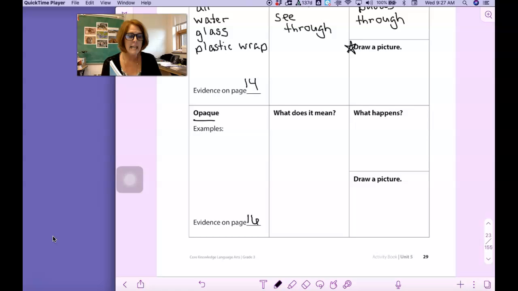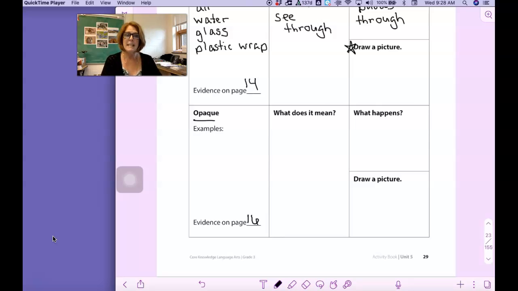If a path of light hits something that is opaque, the light is absorbed, soaked up, and blocked by the object. It cannot continue in a straight line through the object. Wood, cardboard, and even a person's body are all opaque objects. Light cannot pass through to the other side. Instead, a shadow is created because the light is absorbed.